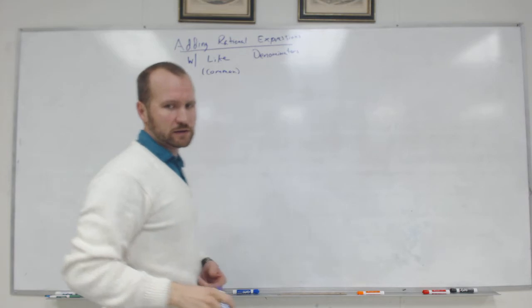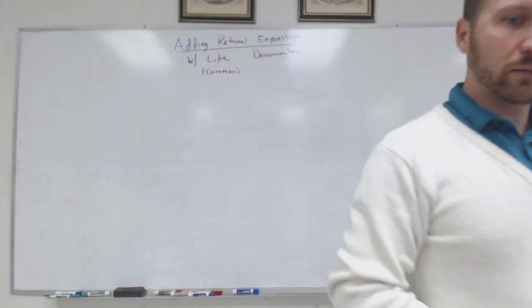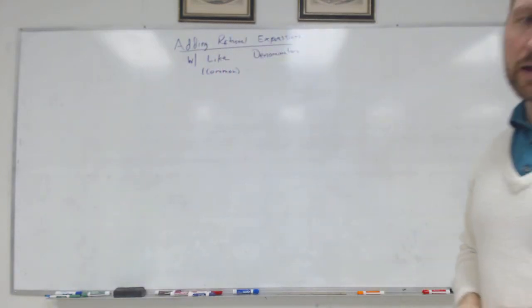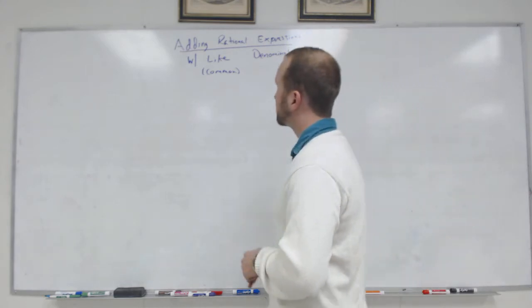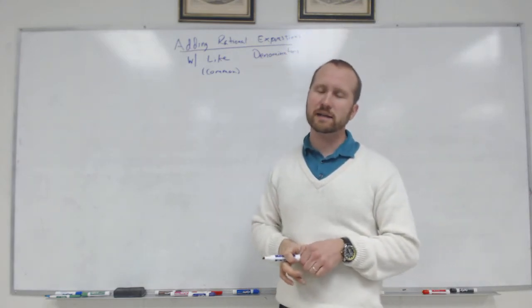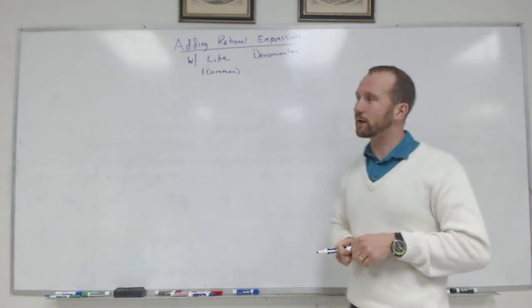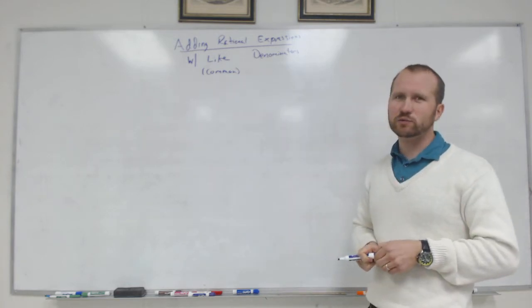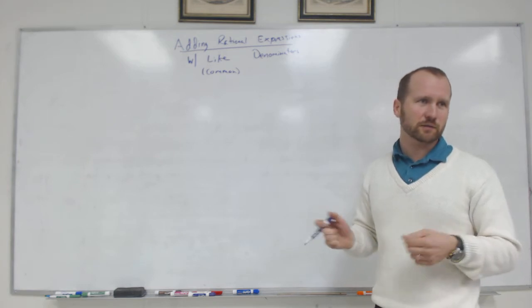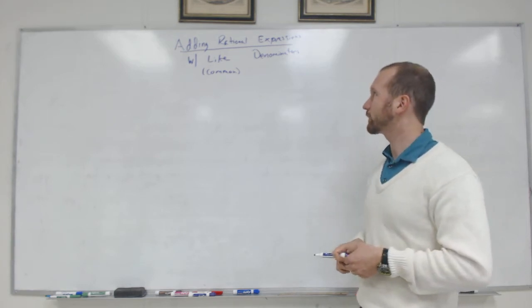Adding rational expressions, and for today we'll focus on like denominators. We're also going to talk about subtracting, but I'm not going to put that in the title because the title's already long enough. Technically, subtracting is just adding a negative, right? So we're adding. All right.